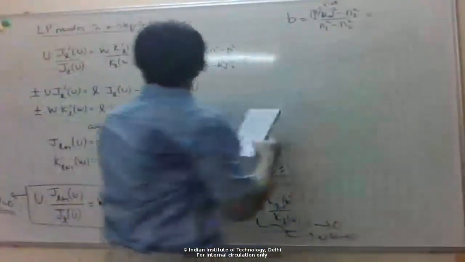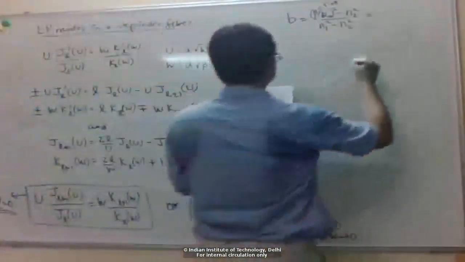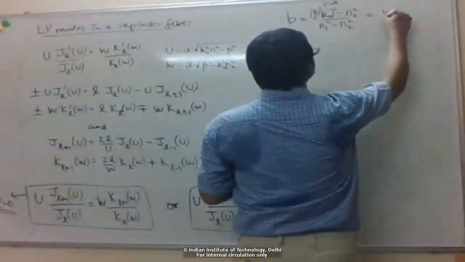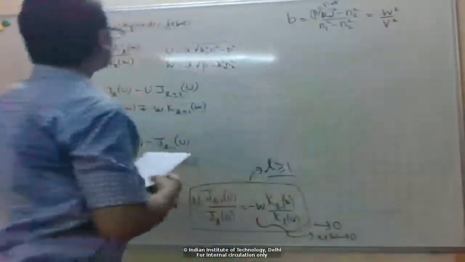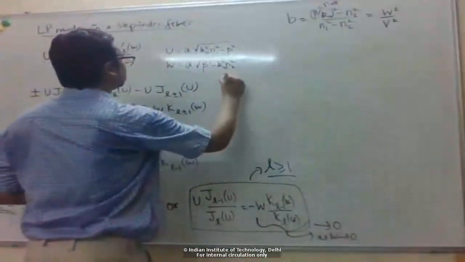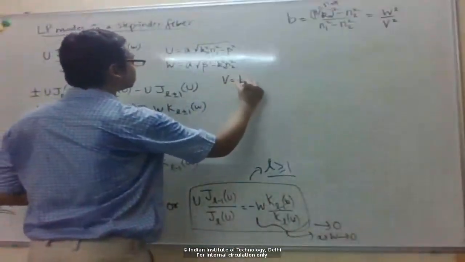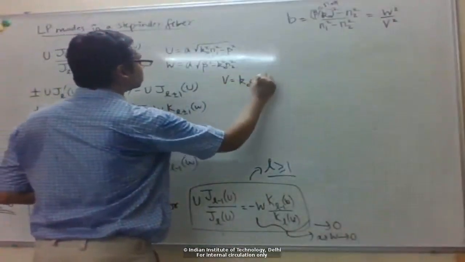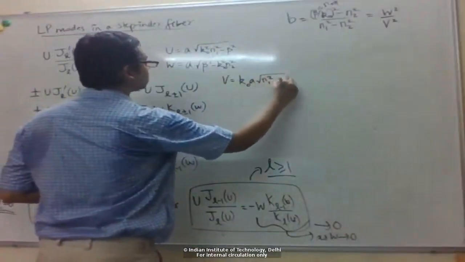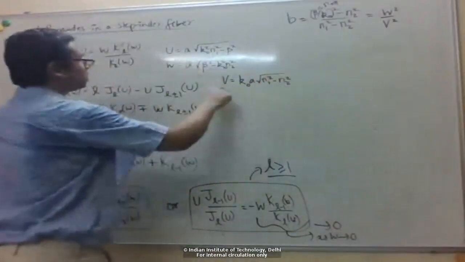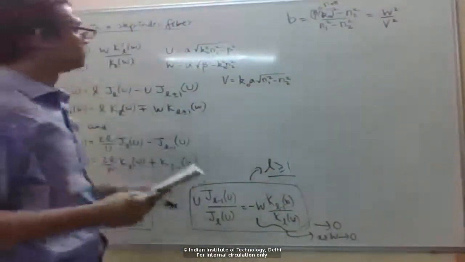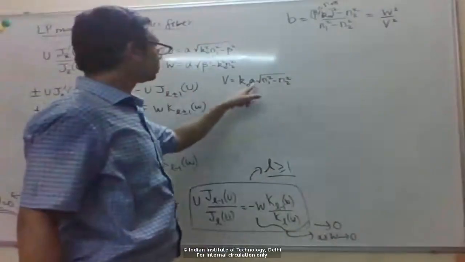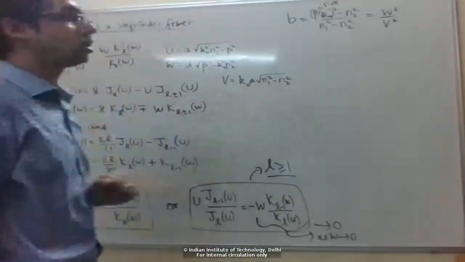In terms of these parameters, this is basically W squared by V squared. Recall V: U squared plus W squared is equal to V squared, and V is the V number of the fiber, which depends on the size, wavelength, and index.